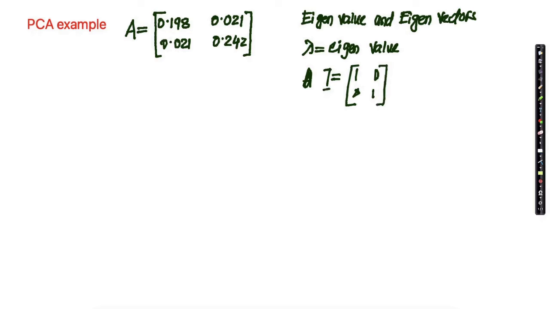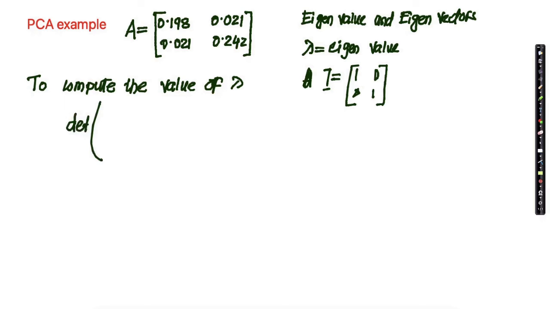To compute the value of lambda, we have to solve the equation determinant of A minus lambda I equals 0.